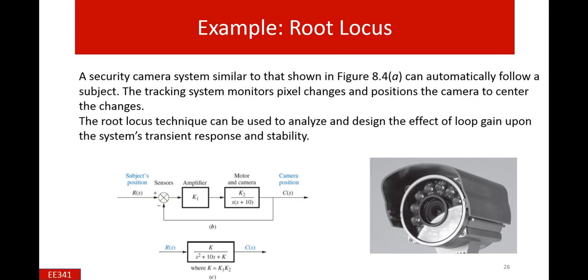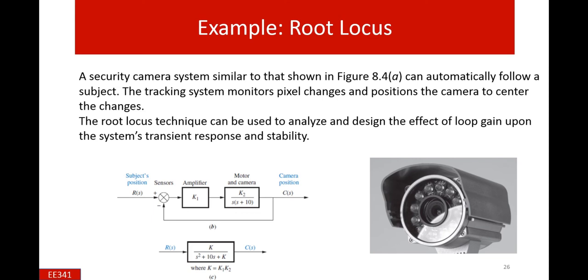I added the previous examples just as a reminder, and here I am taking a snapshot from the book. We have a camera system, which is shown in the figure, and we definitely have seen it many times around us.